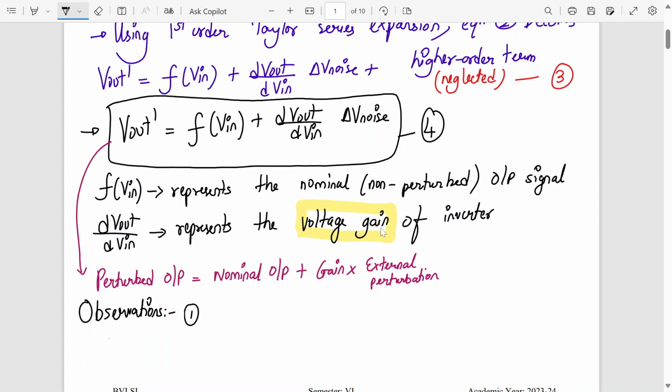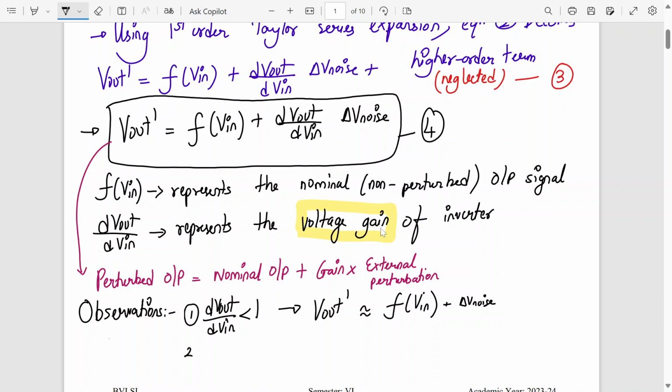If dV out by dV in is less than 1, will the noise get amplified? This is the gain, right? If gain is less than 1, it's not an amplifier, right? It's an attenuator. So if dV out by dV in is less than 1, V out is almost equal to function of V in, yes or no? Because these are not amplified, plus a small value of delta V noise, because this is less than 1, right?